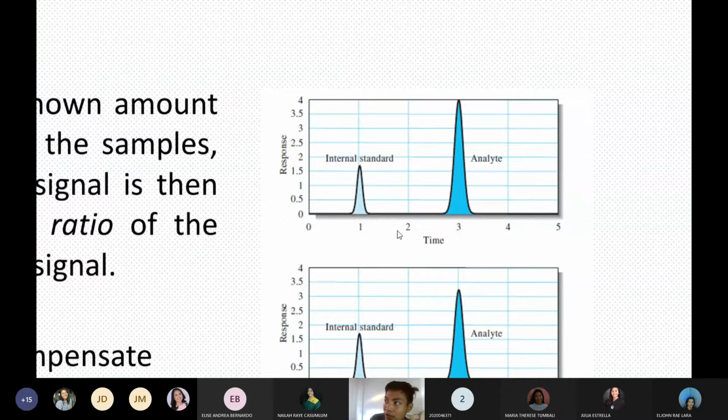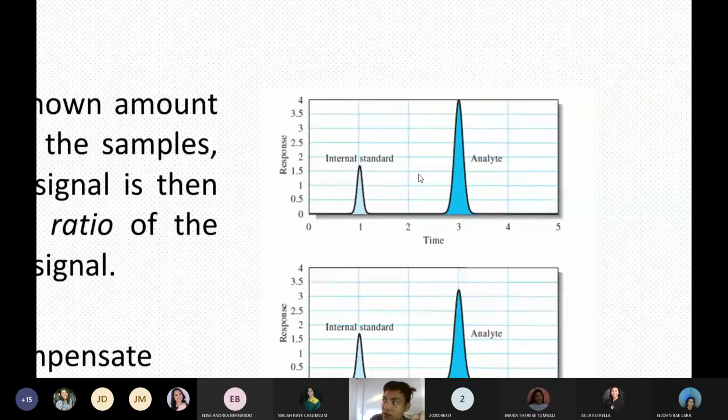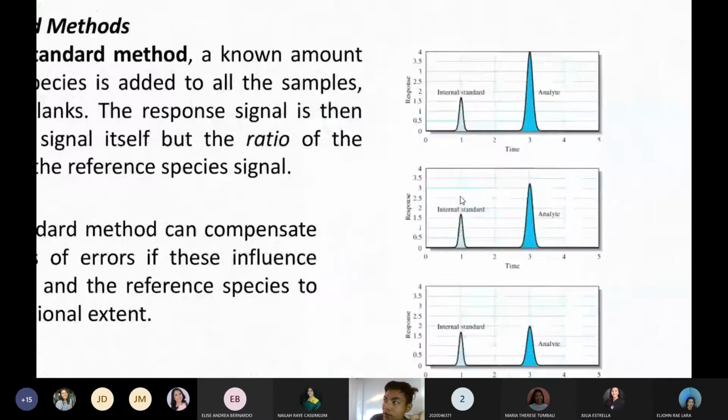So, babasahin mo muna yung inyong sample. And then later on, i-read nyo muna inyong internal standard pala. Sorry. So, you will read the internal standard and then later on, you will add it sa inyong sample. So, pagka-add mo yan sa sample mo, syempre mag-i-intensify yung peak, no? Kasi nadagdagan siya ng concentration, no? So, you can do that multiple times. Okay?